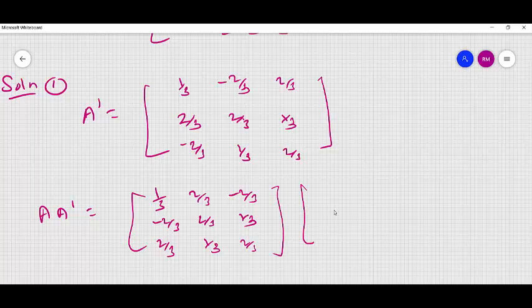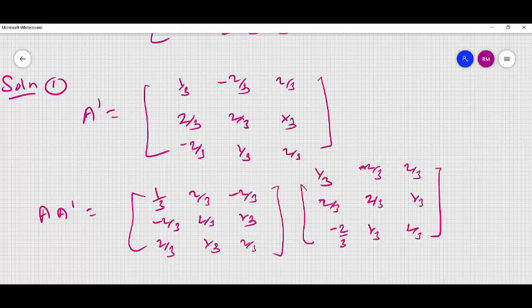And this A dash is nothing but this matrix 1 by 3, which we already found here. One by 3, minus 2 by 3, 2 by 3, 2 by 3, 2 by 3, 1 by 3, minus 2 by 3, 1 by 3, 2 by 3.